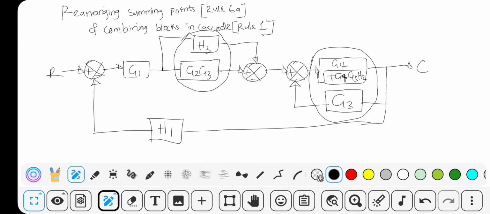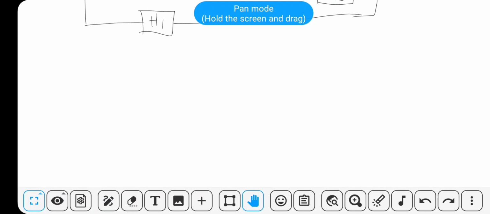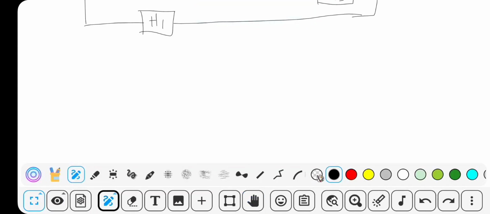For these summing points, the sign is negative. You can see it here. But for this one that there is no sign, assume sign to be positive. Like I said, assume sign to be positive.